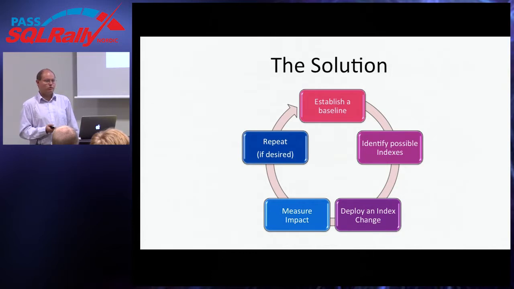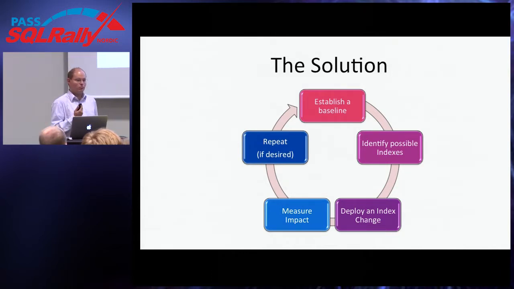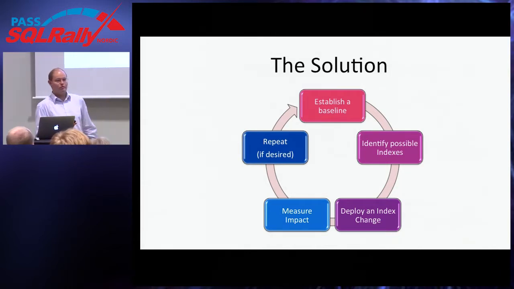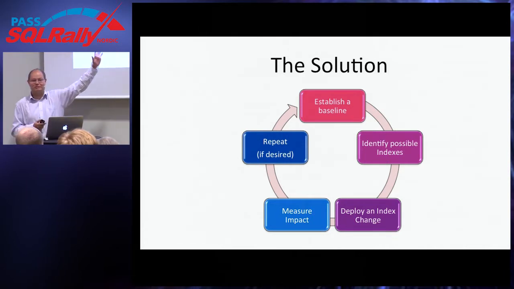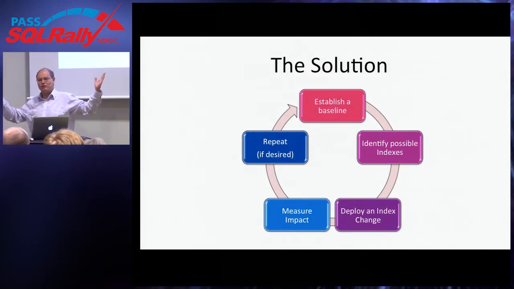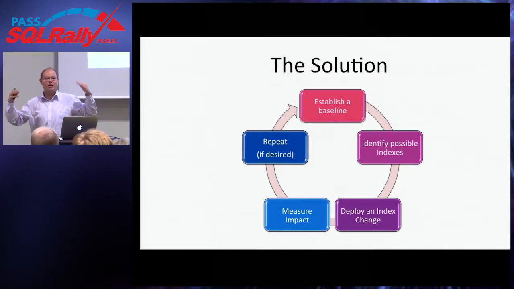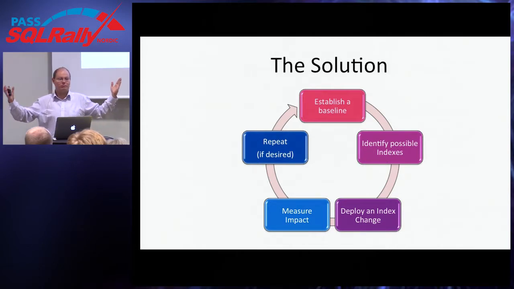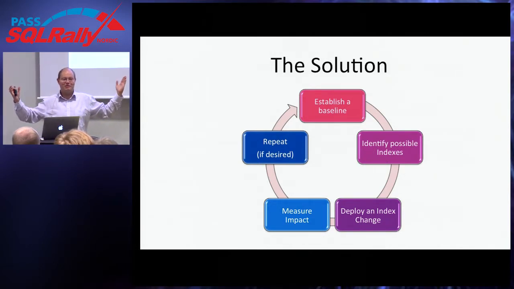In the first step, we need a so-called baseline. Who of you has a baseline? Nobody. Yeah, almost nobody. Imagine you have a query and that query takes 5 seconds. Is this fast or slow? I have no idea.